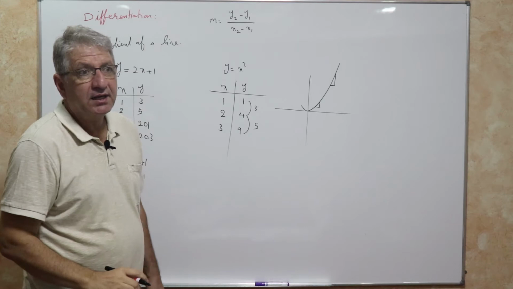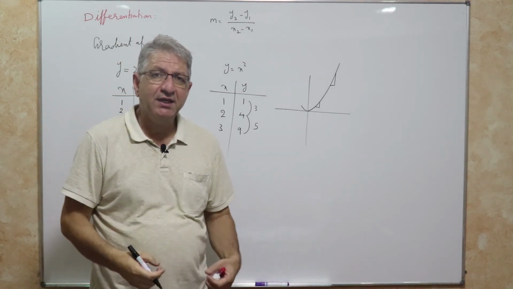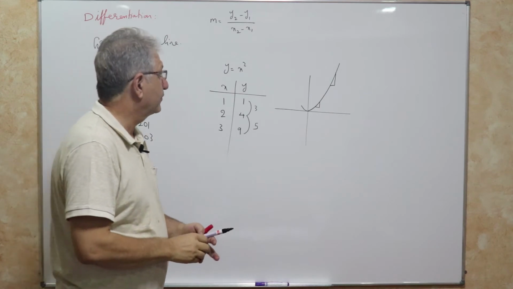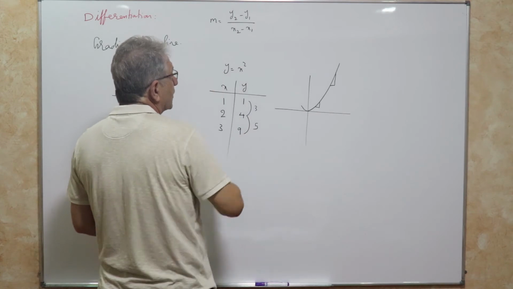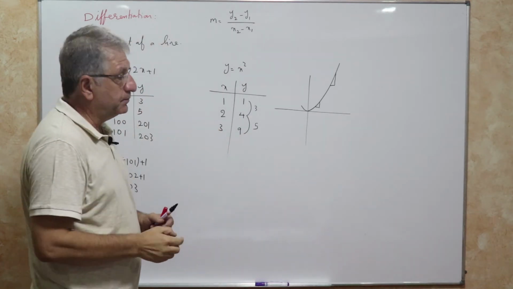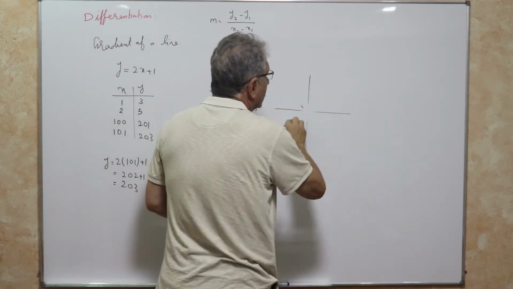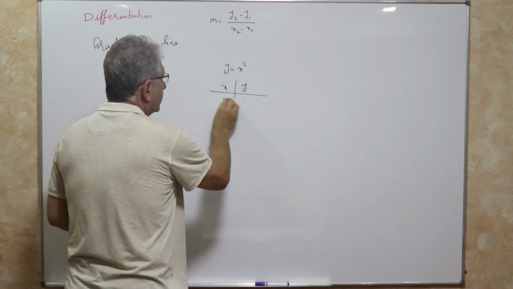So the gradient is not a constant number. Now we understood that the gradient of this function is not a constant number. Now let's see how we can calculate that gradient.